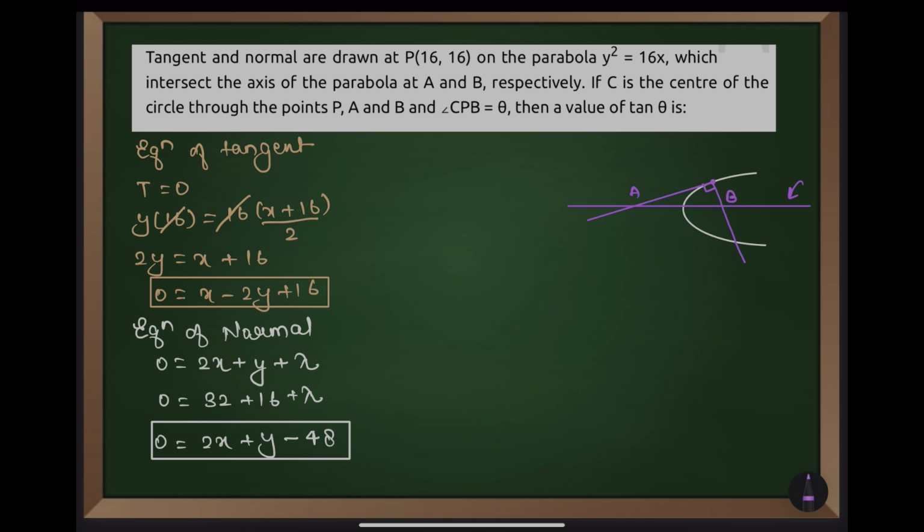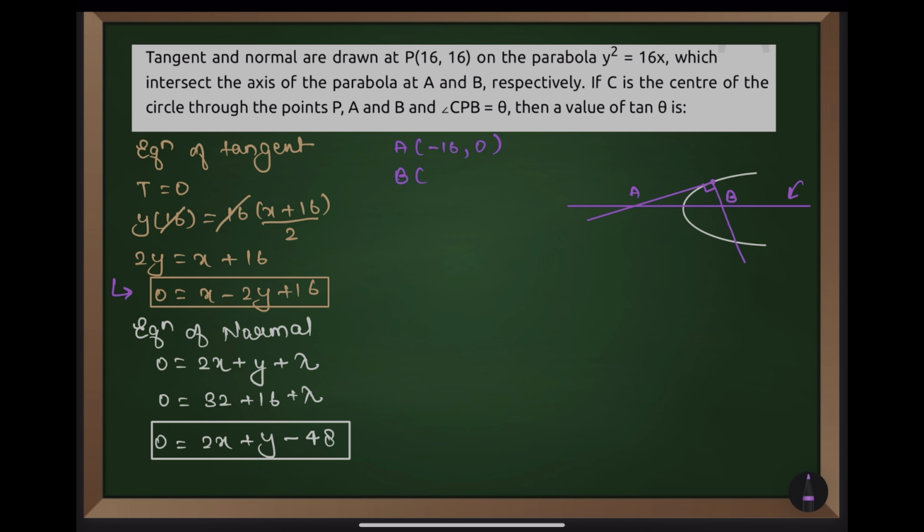So we are trying to calculate point A. Who is point A? Equation of tangent with the x-axis. X-axis means y equals 0, which means x is minus 16 comma 0. Correct? So this is your A. Now go with B. Who is B?